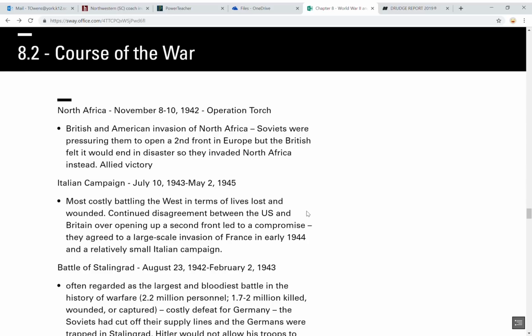But again, this is a compromise to the Soviet Union, to Stalin. It's not really taking much away from them. It's not really diverting Germany as they needed, but it does take Italy out of a lot of that, and Italy has to focus on their own survival during this time.